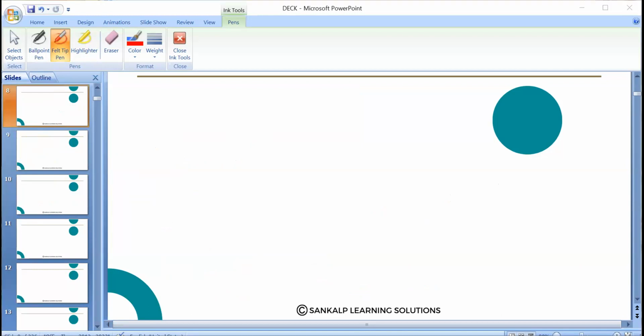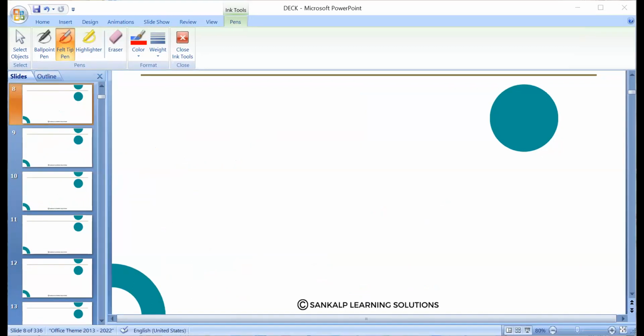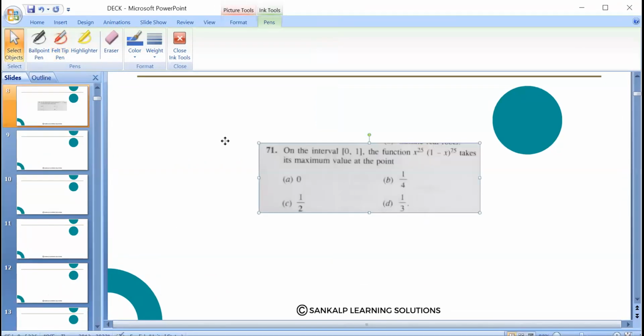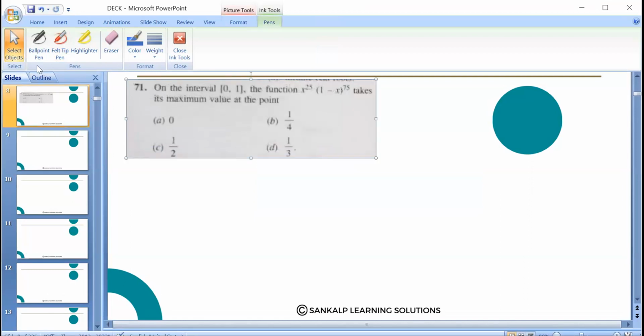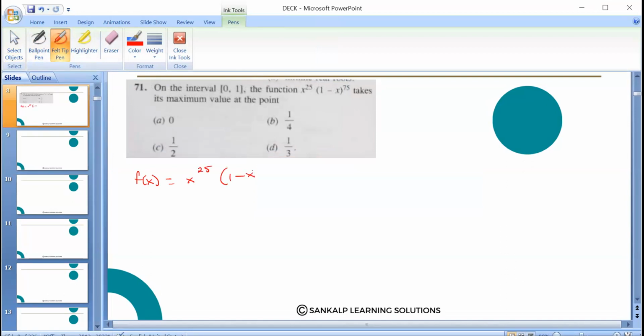Next is 71. On the interval 0 to 1, the function takes maximum value. So we will take the function x power 25 into 1 minus x power 75.